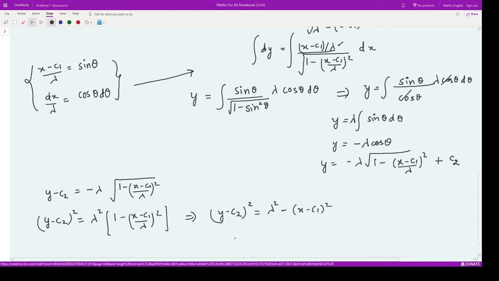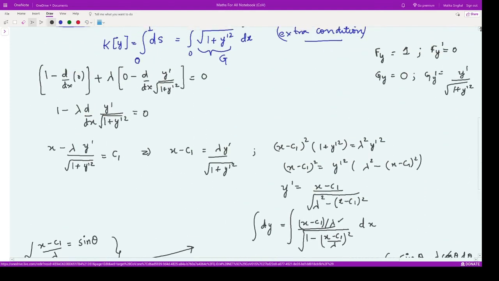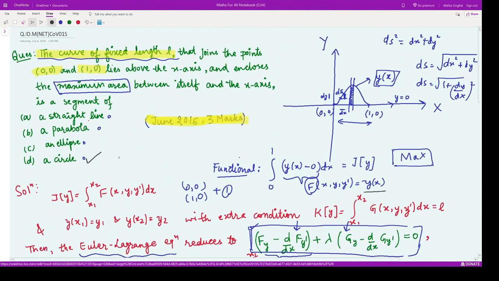So, rewriting this, we have x minus c1 whole square plus y minus c2 whole square is equal to lambda square. So clearly this is the equation of a circle. So our answer would be the given extremal of the functional is a circle, right? So D is the correct option.